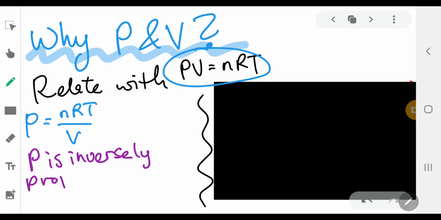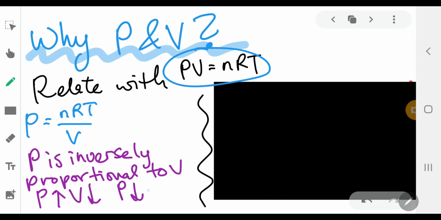From the relationship, we know that pressure is inversely proportional to volume. So when pressure increases, volume will decrease. When pressure decreases, volume will increase.